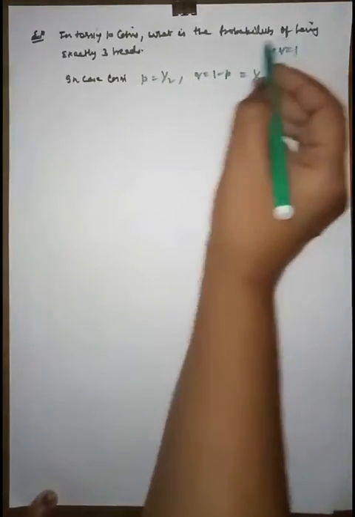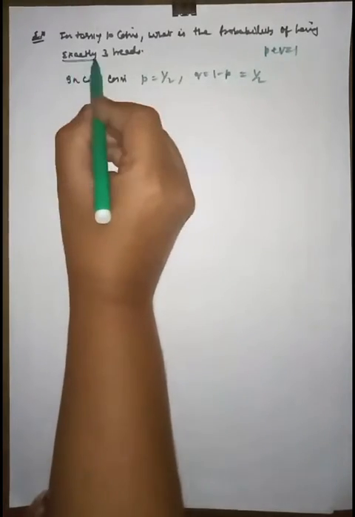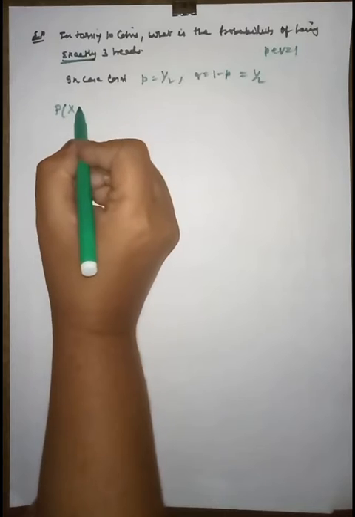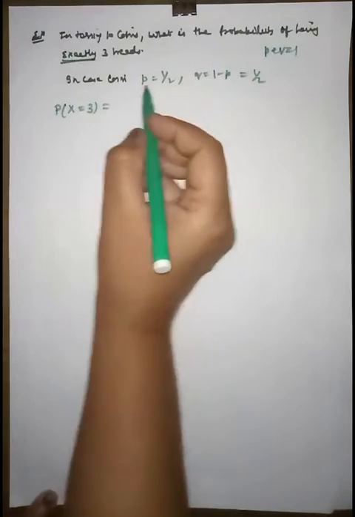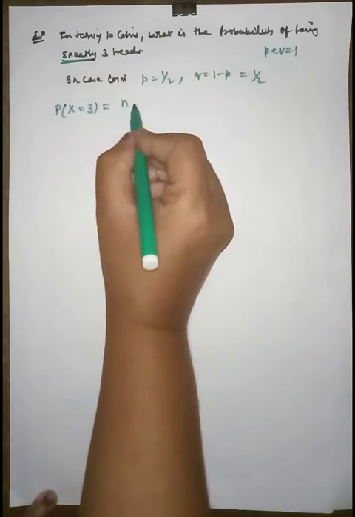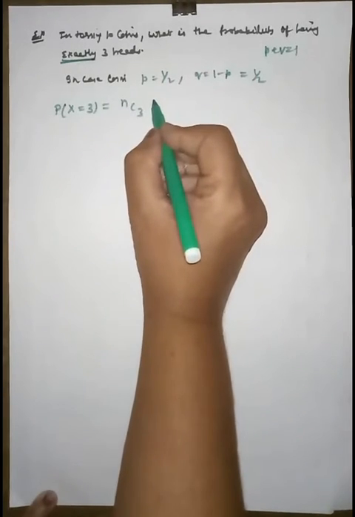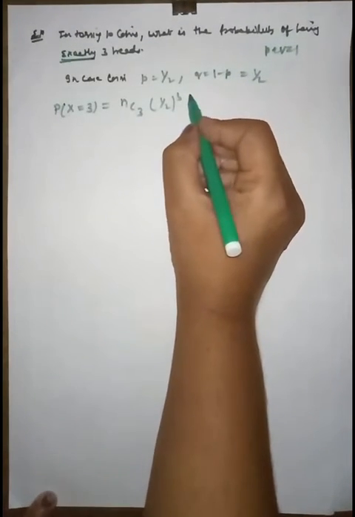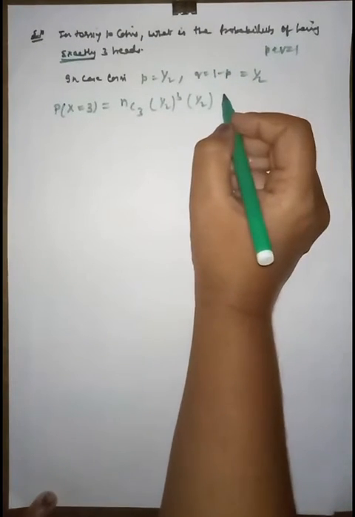And here you have to find the probability of having exactly 3 heads. Exactly 3 heads means you have to find P(x equals 3). The formula is nCr p^r q^(n minus r).